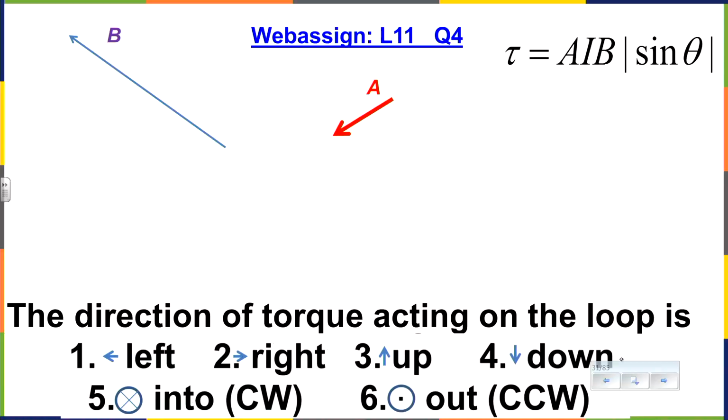Well, first of all, whenever we have two directions, two arrows, we can't say anything about anything until we redraw the picture. How we redraw the picture depends on the question. If we need to add two vectors, we have to use a tail to head rule. If we need to measure angle or see mutual orientation, we have to redraw from the same point.